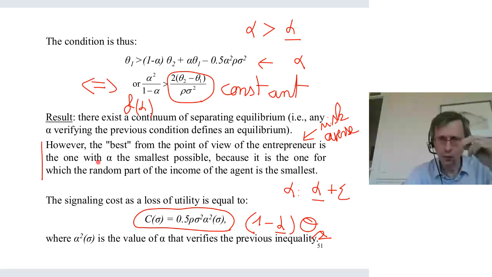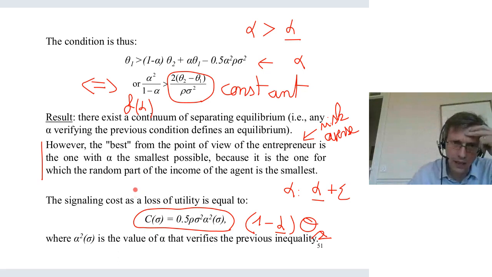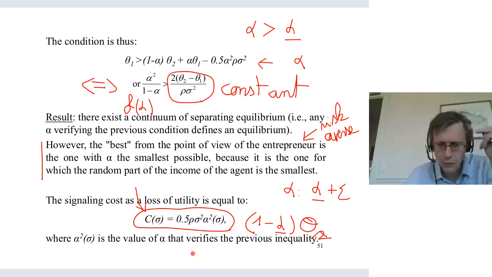In other words, thanks to the presence of a financial intermediary, the signaling cost, which is still written on this slide, is going to decrease. This is going to be the effect of introducing a financial intermediary. So the underlying mechanism associated with signaling is still the same. But if, as we're going to see right now, we introduce a financial intermediary, this cost of signaling is going to decrease.